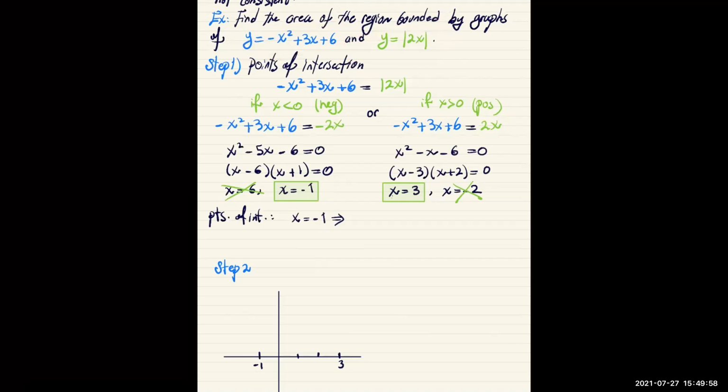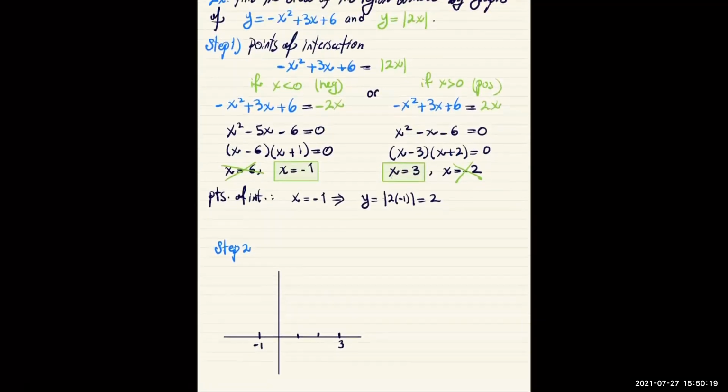It doesn't make any difference, because at these points, the two functions are the same. Plug it into the absolute value one. It's easier to get. y here is equal to absolute value of 2 times -1, which is just 2.